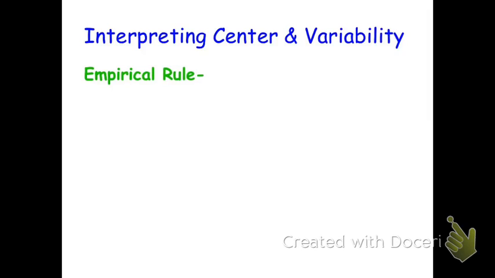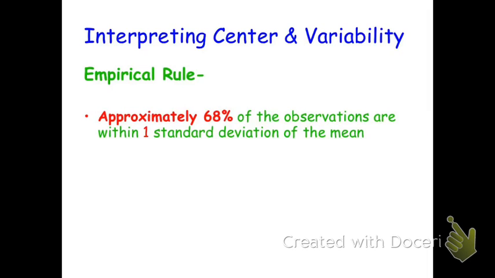So the first fact about a normal curve is, yes, it does go 3 standard deviations out on each side, but within like 1 standard deviation, 2, and 3, there's actually a percentage of data points that fall within those areas of your normal curve. So if you go out 1 standard deviation on each side, so looking at my picture, my mean is in the middle. If you go plus or minus 1 on either side, that actually contains 68% of your data.